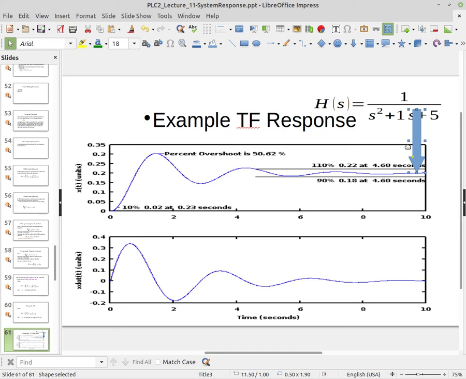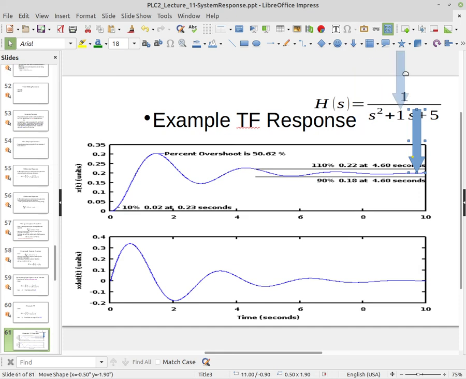If you push this with an input of 10, then your final value would be 2. If you pushed it with, say, 20 volts, then the final value would be 4 volts. So 1/5 of whatever you're pushing the system with.